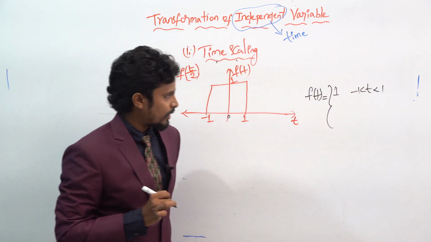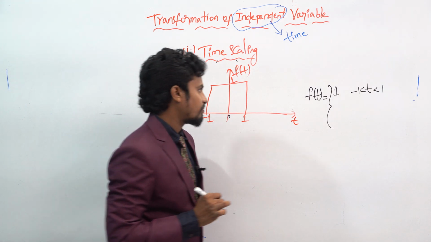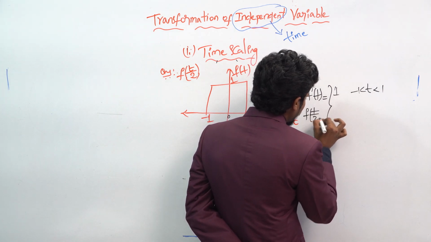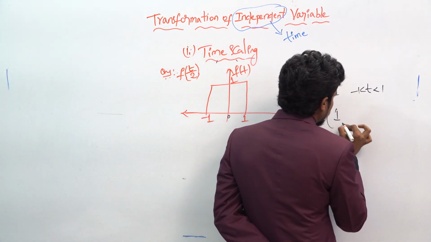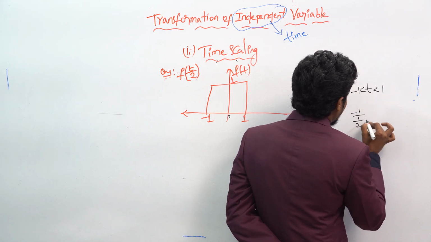And you have to replace t with t divided by 2. If you replace t with t divided by 2, here this will be 1, and here this will be minus 1 divided by 1 divided by 2.